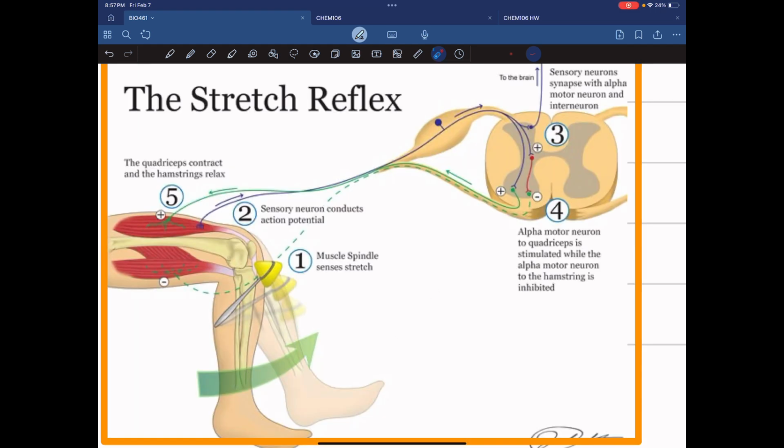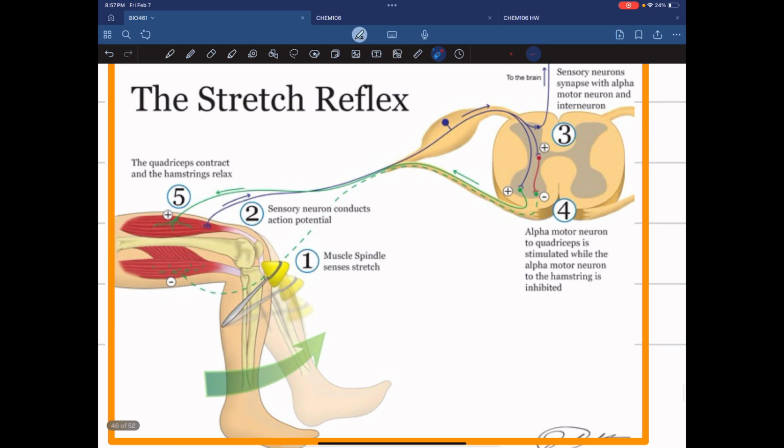So just an example of our spindles that sense stretch and the importance of our gamma motor neurons helping keep ready to detect a stretch. A good example is when you go to the doctor and they hit this tendon right here, and your leg shoots up. This is because when the doctor hits this tendon, our spindles are going to detect stretching.